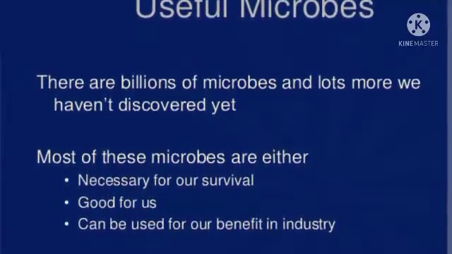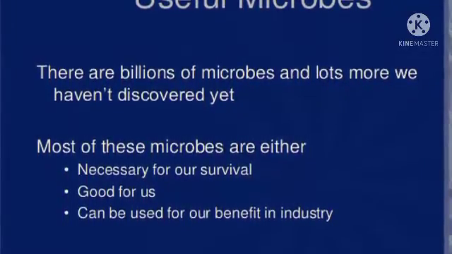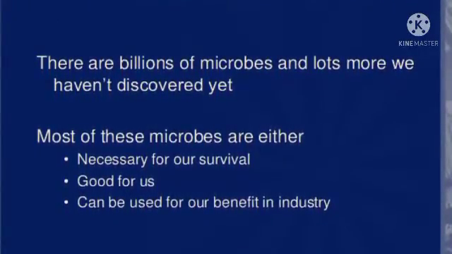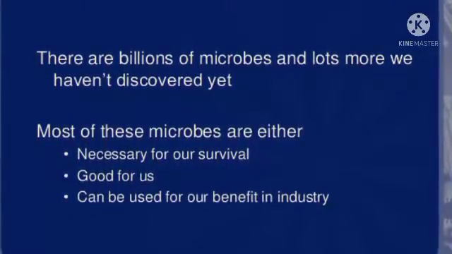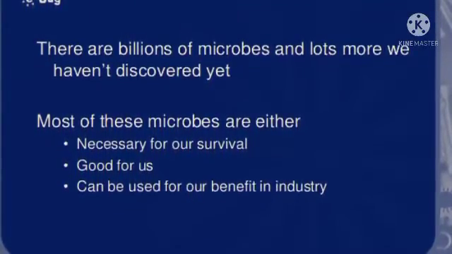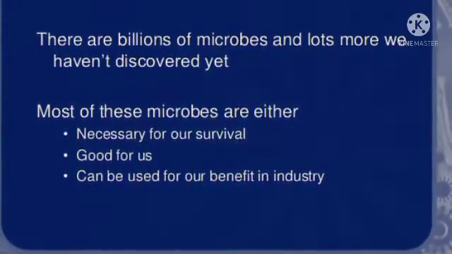Useful microbes. There are billions of microbes and lots more we haven't discovered yet. Most of these microbes are necessary for our survival, good for us, and can be used for our benefit in industry.